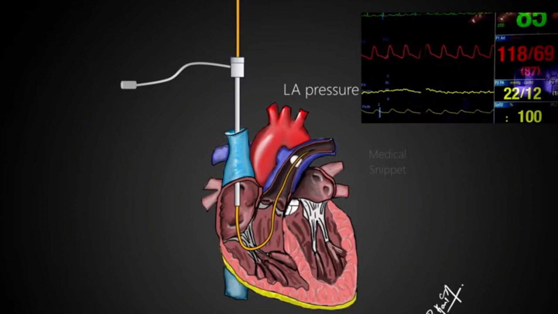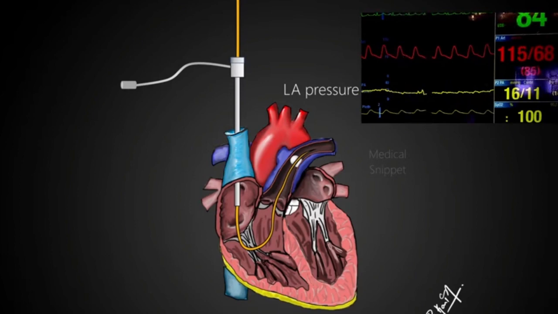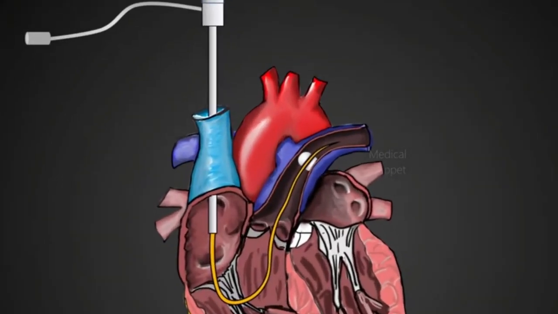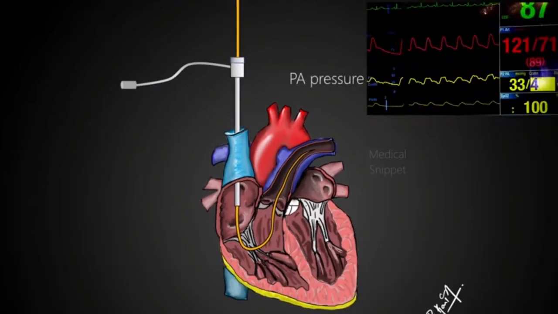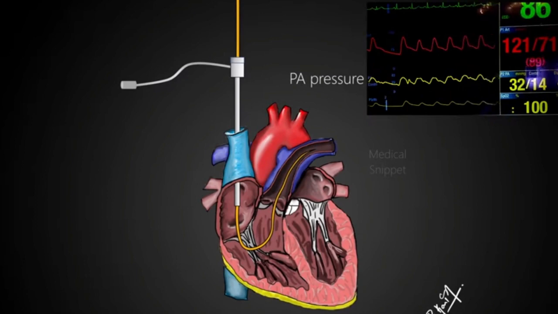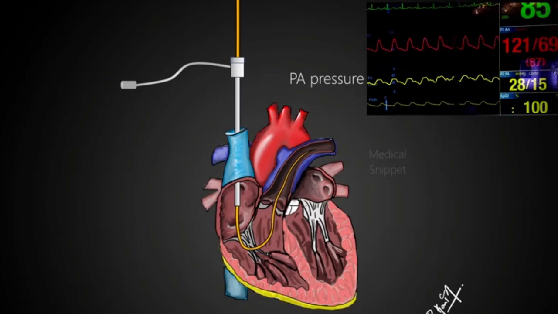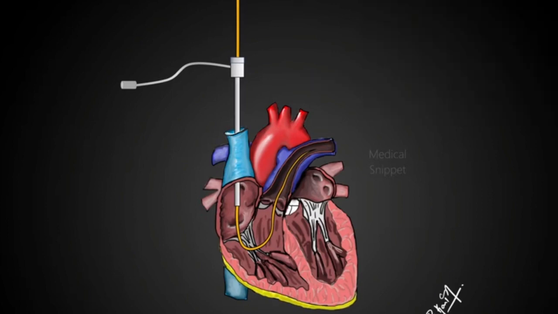That's an indirect measurement of your left atrial pressure. Then the balloon is deflated and the catheter is left in place. After the procedure, a chest x-ray will be ordered to confirm placement.